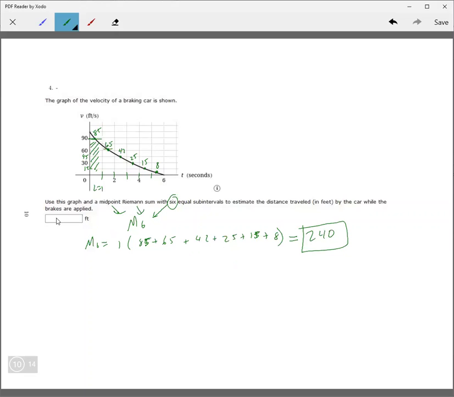If you get something that's close to that, then it's probably also going to be correct. I know that, for example, 230 also works.